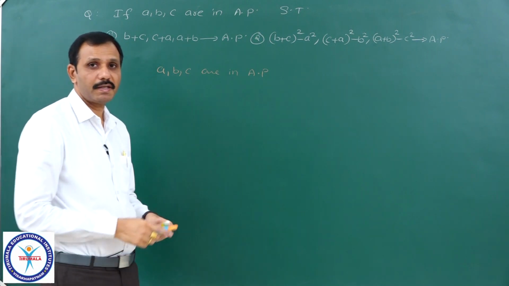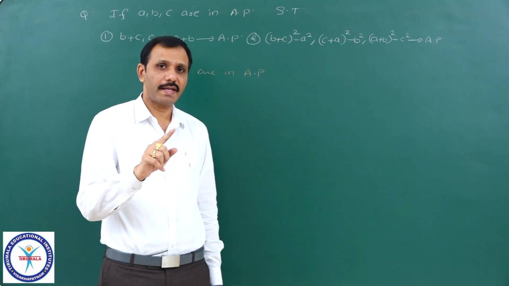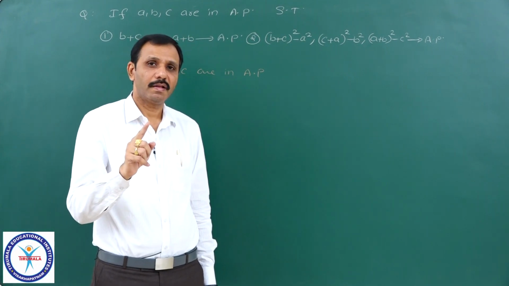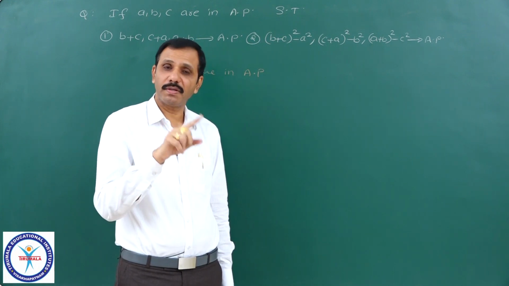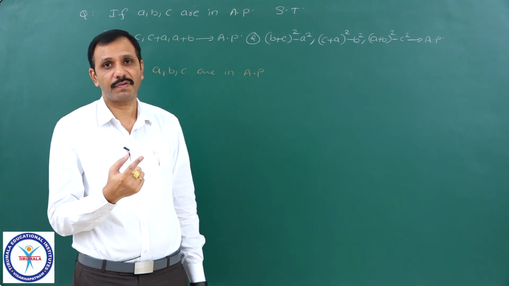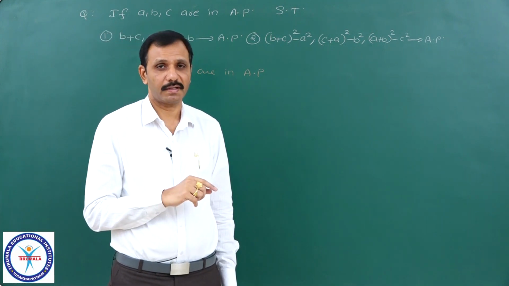I have given one property: if A1, A2 and so on An are in AP, then a non-zero constant, even if you add to that AP or subtract from that AP, the resulting sequence is also an AP. We can write.